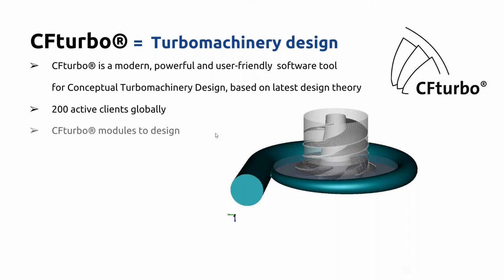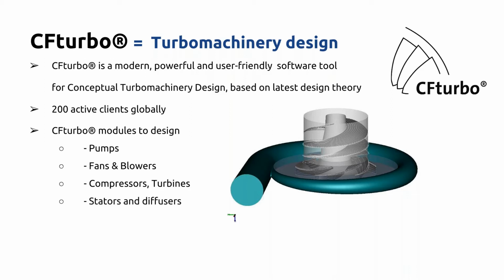and CFturbo contains different modules for the design of, for instance, pumps, both axial as well as radial, fans and blowers, compressors and turbines. And again, those can be both axial and radial.